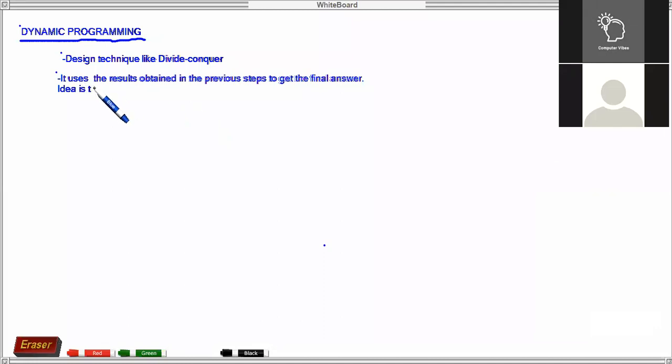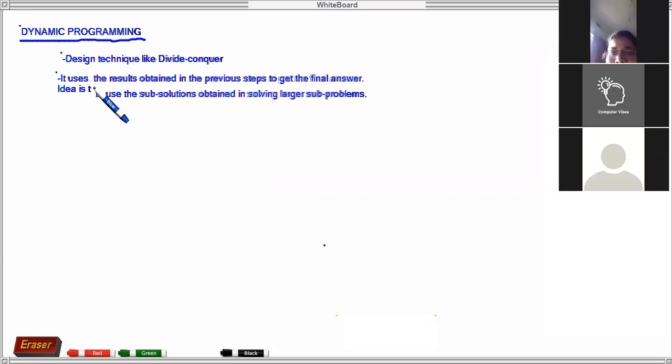The idea is to use the sub-solutions obtained in solving larger sub-problems.